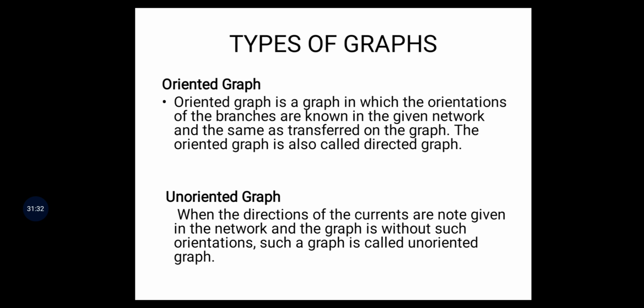Next, there are 2 types of graphs: oriented graph and unoriented graph. An oriented graph is a graph in which the orientations of the branches are known.